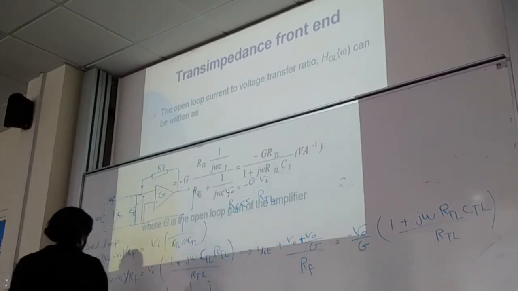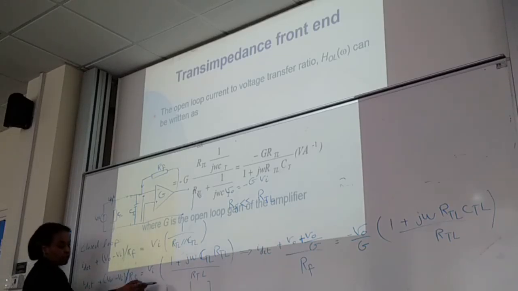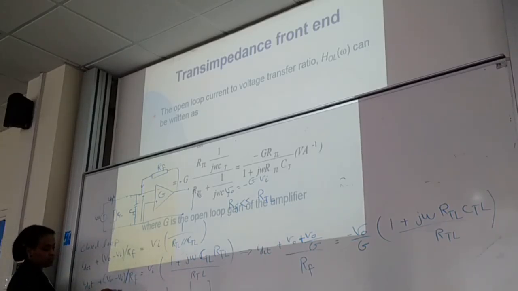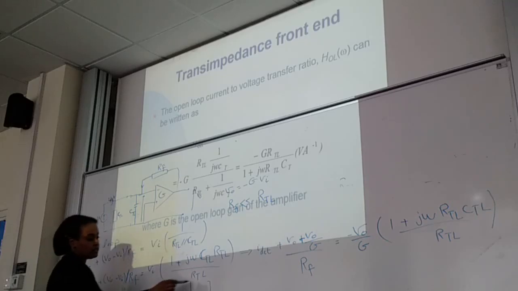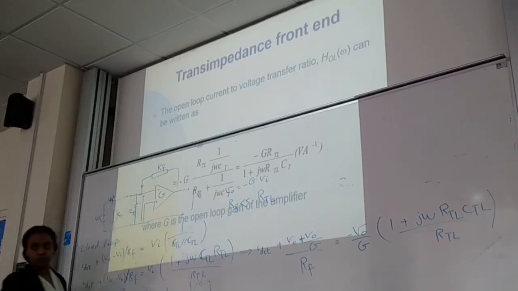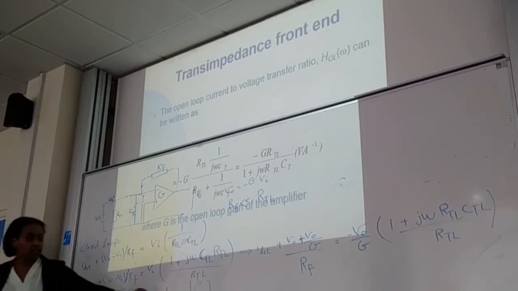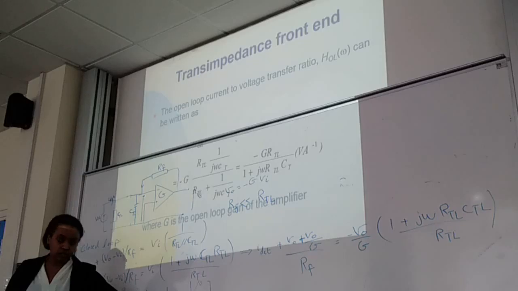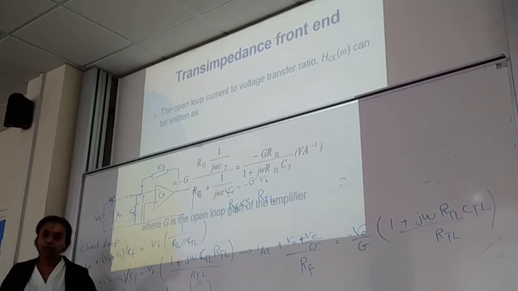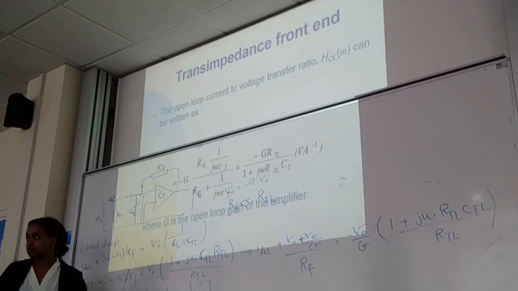So compared to the 1 over RF, this can be 0 and this can be 0. These will be very small numbers because RTL and G are very large, and here also G is very large, making 1 over G RF almost 0 compared to the 1 over RF.